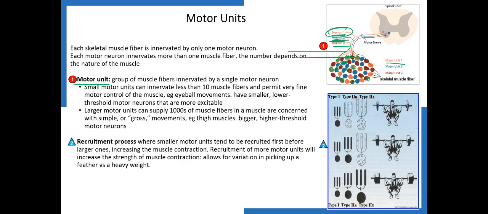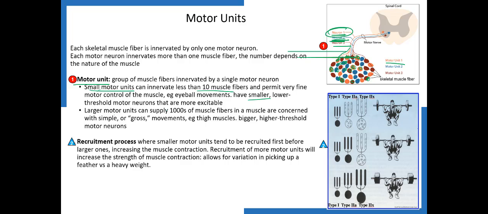Some motor units are small, other motor units are large. Small motor units can innervate less than 10 muscle fibers and permit very fine motor control of the muscle. So when we think about your eyes moving, they're controlled by small motor units. They have smaller, low threshold motor neurons that are more easily excitable.